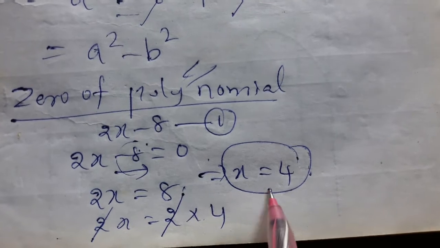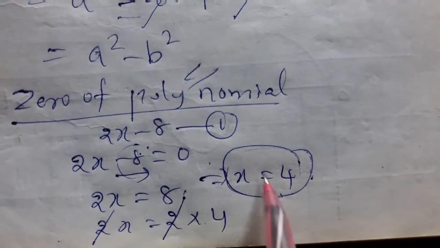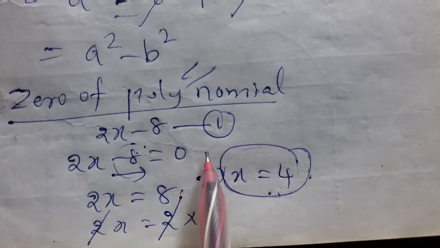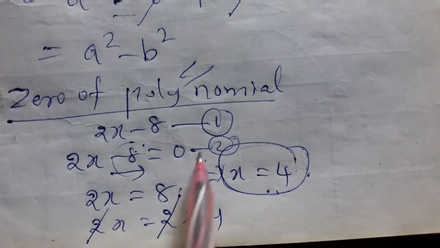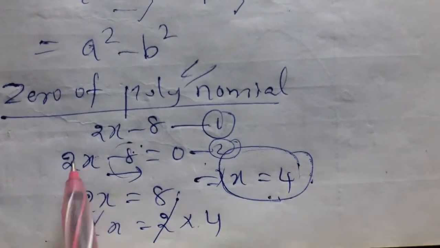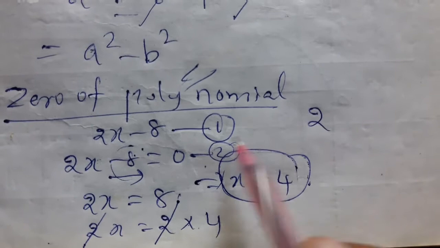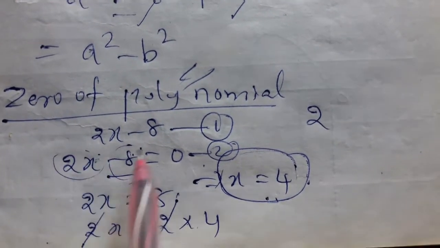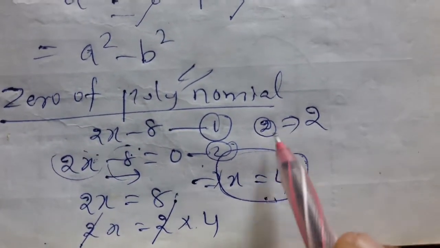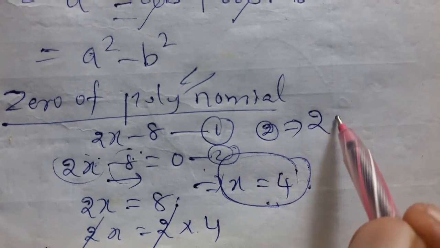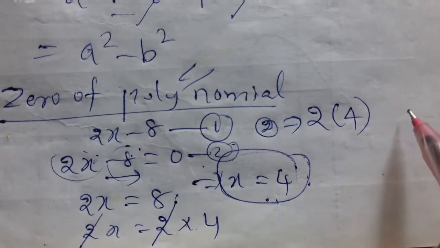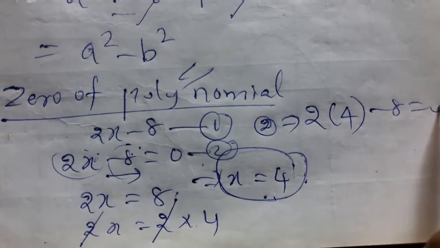We got it. Now using this value of x in equation 2, I am creating equation 2. In the place of x we can substitute the value of x, that means 2 into 4 minus 8 is equal to 0.